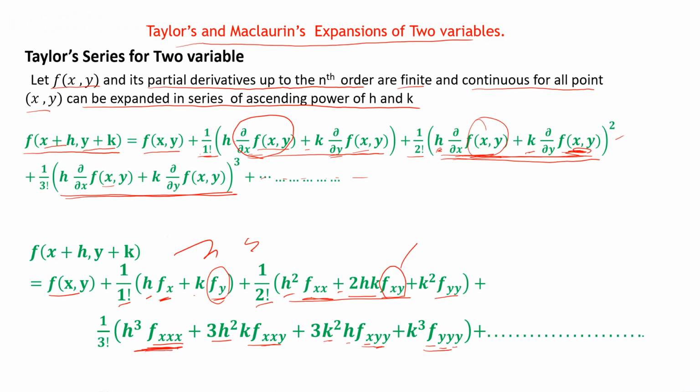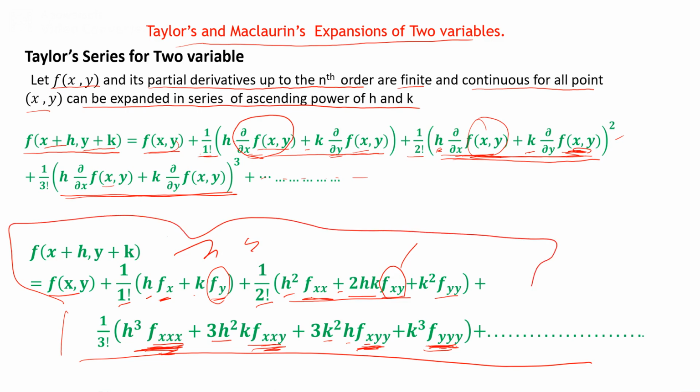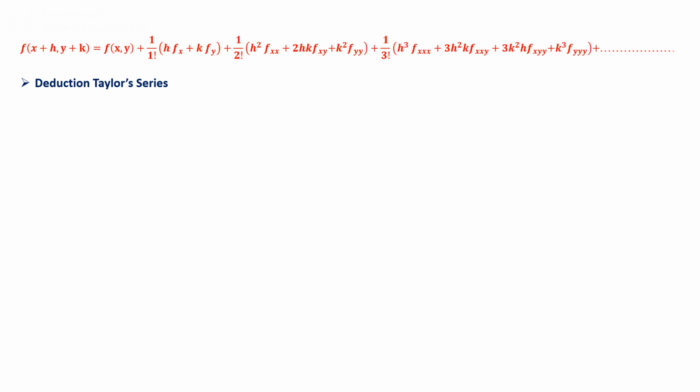We are taking the third partial derivative of the function f(x,y) with respect to x. Here we take the second partial derivative with respect to x and one time with respect to y, and this is a partial derivative one time with respect to x and two times with respect to y, and f triple y means the third partial derivative of the function f(x,y) with respect to y. So in that manner we can expand the series, and this is called the Taylor series for two variables.